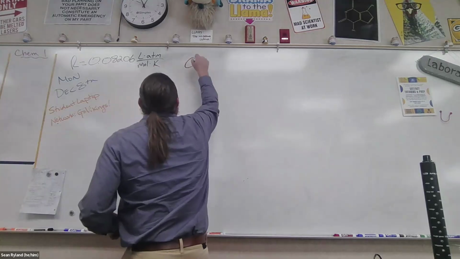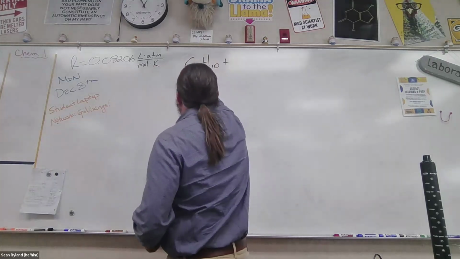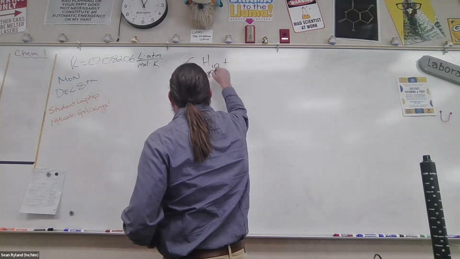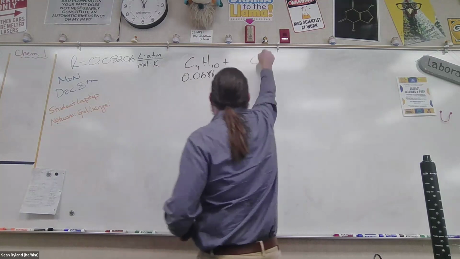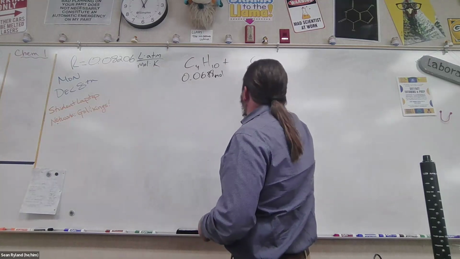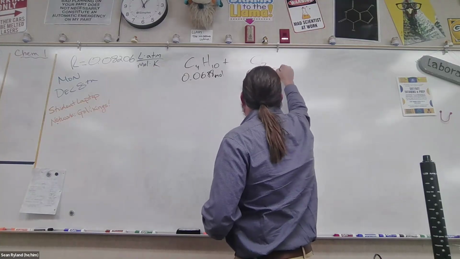Which one? So let's start with the butane, C4H10. 0.08. That sounds familiar. Moles, and then O2 was something like 0.032, 375.